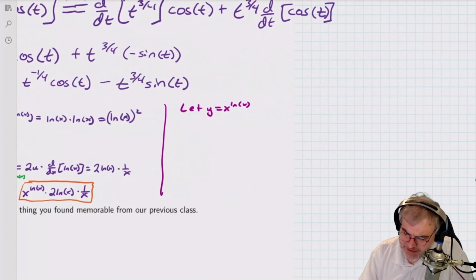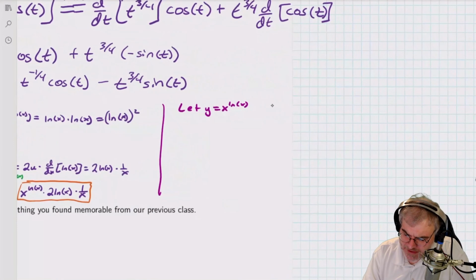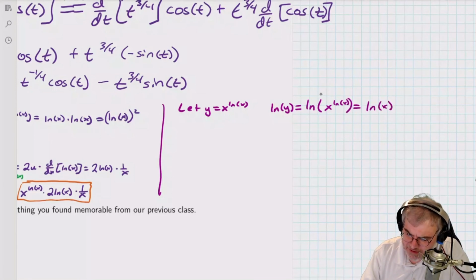And what I'm going to get then is I'm going to take the log of both sides, and I wind up with ln of y equals the natural log of x to the ln of x, which equals ln of x, because this comes out in front.